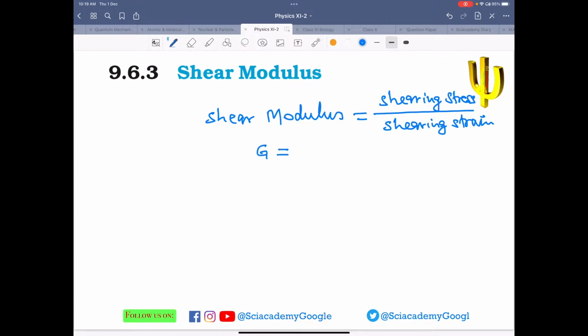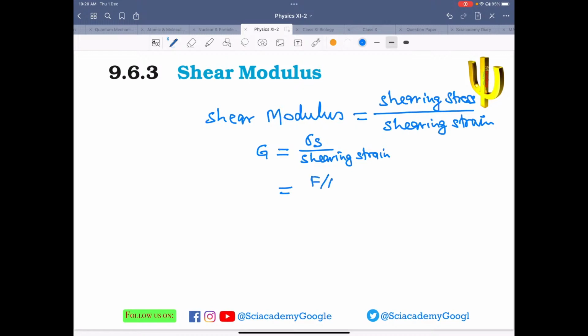Therefore, G is equal to shearing stress sigma S divided by shearing strain. Now shearing stress is nothing but the force per unit area.